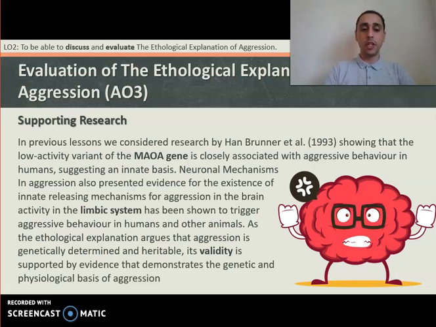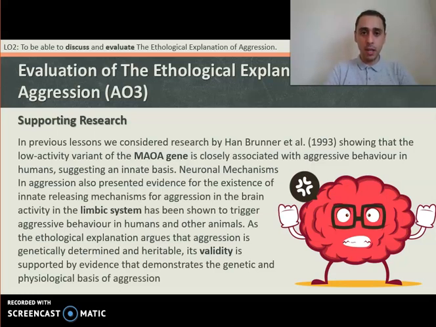Neuronal mechanisms in aggression also presented evidence for the existence of innate releasing mechanisms for aggression in the brain, with activity in the limbic system shown to trigger aggressive behavior in humans and other animals. As the ethological explanation argues that aggression is genetically determined and heritable, meaning it can be inherited from your parents, its validity is supported by evidence that demonstrates the genetic and physiological basis of aggression.